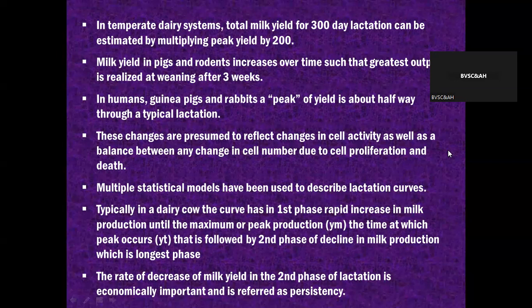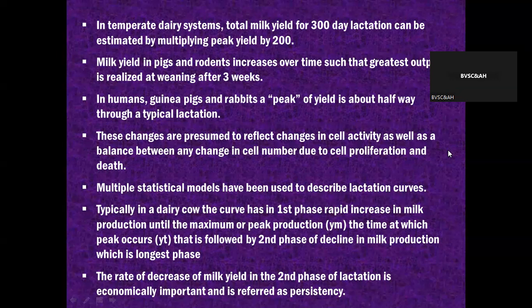Milk yield in pigs and rodents increases over time, such that the greatest output is realized at weaning after 3 weeks. So in case of rodents and pigs, the peak yield is almost greatest at the time of weaning, means when the babies are taken away from the mother or the milking is stopped. At that time you'll find the greatest milk yield in pigs and rodents.